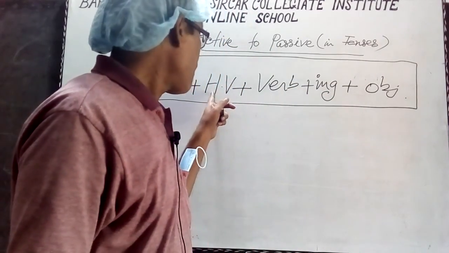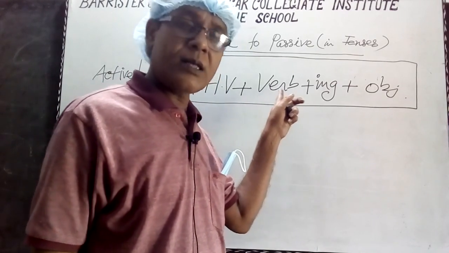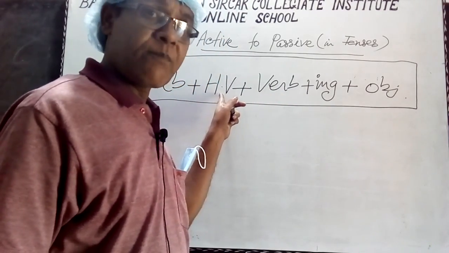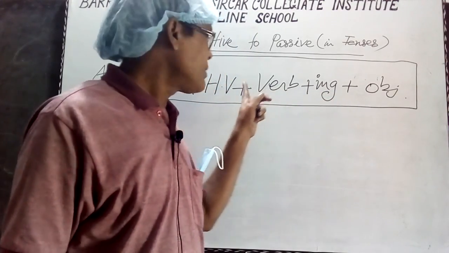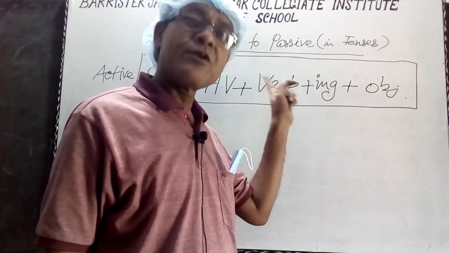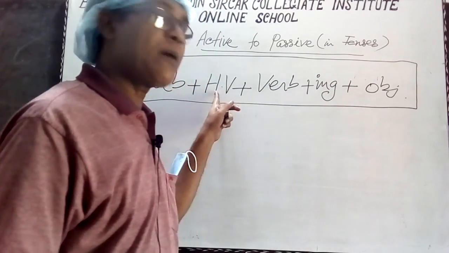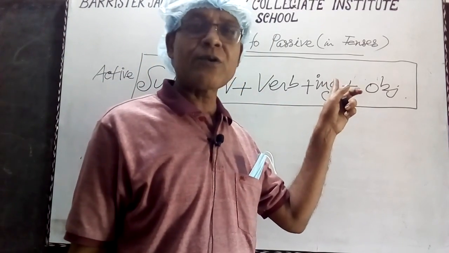If there is was, were and the verb takes ing, then past continuous. If there is had been and verb takes ing, then past perfect continuous. If there is shall be, will be and verb takes ing, future continuous. If there is shall have been, will have been and verb takes ing, future perfect continuous.